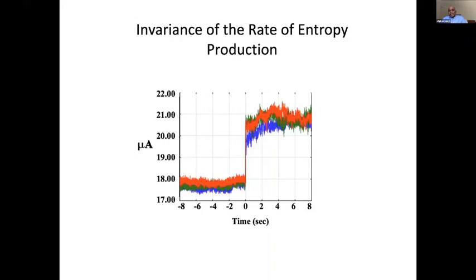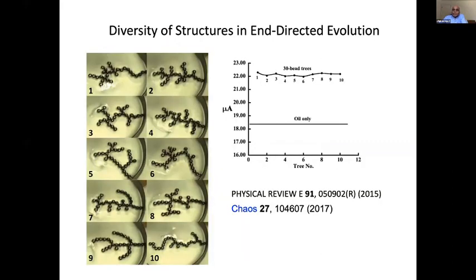It can have different trees, but it'll always get there. So in terms of end-directed evolution, the system is trying to reach the maximum current, and it can reach it through very different tree patterns.